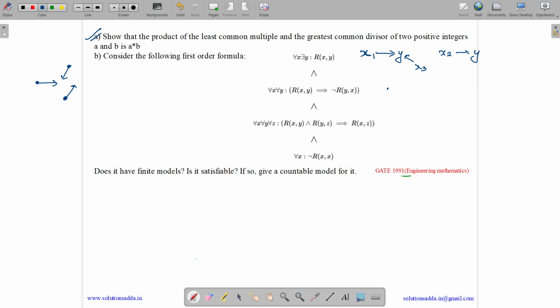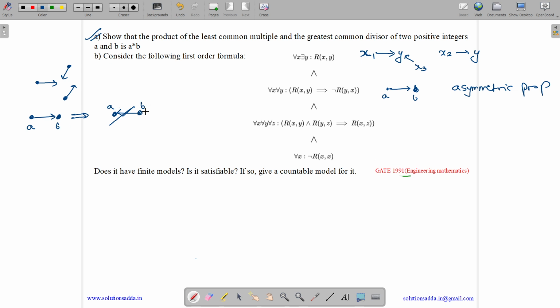So what it means in terms of graph, if we have an edge from A to B, then we can't have an edge from B to A. If there is a directed edge from A to B, then we can't have an edge from B to A. This is the asymmetric property, which means if we have an edge from here to here, then this implies that we can't have an edge from here to here. Let us name this as A and B. If we have an edge from A to B, then we can't have an edge from B to A.